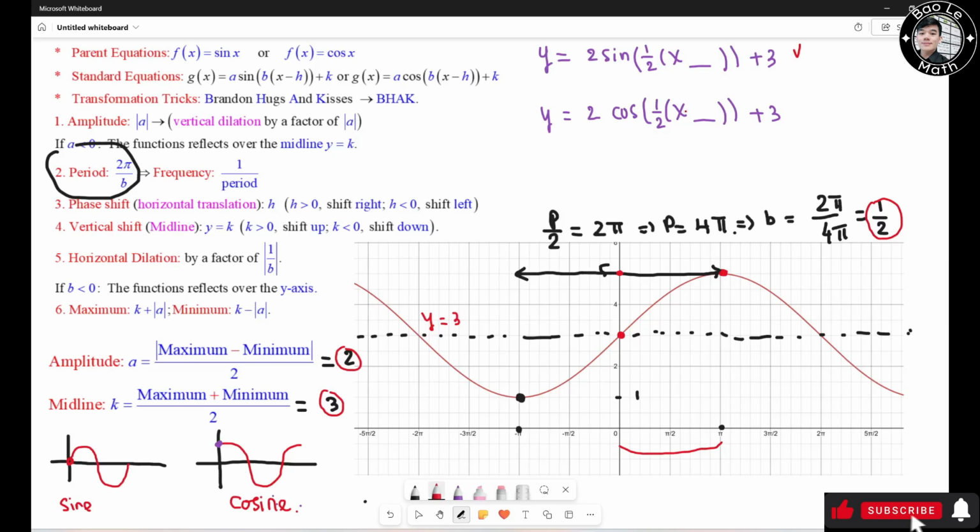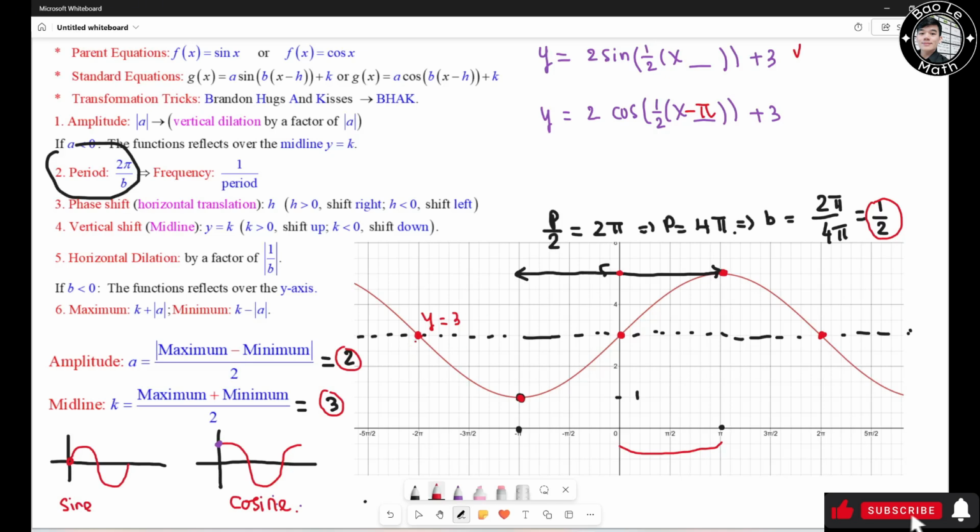So basically, you subtract pi, right? Now you could pick this point as a starting point, or this point, or this point as a starting point. So you have infinitely many answers when it comes to sine and cosine functions.